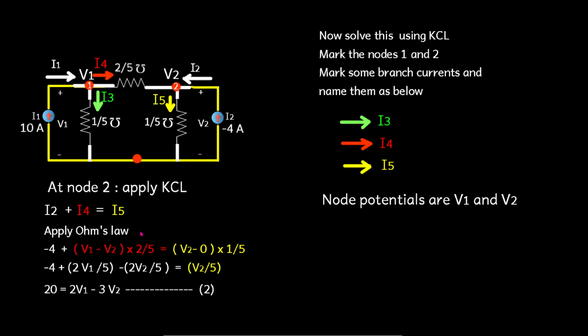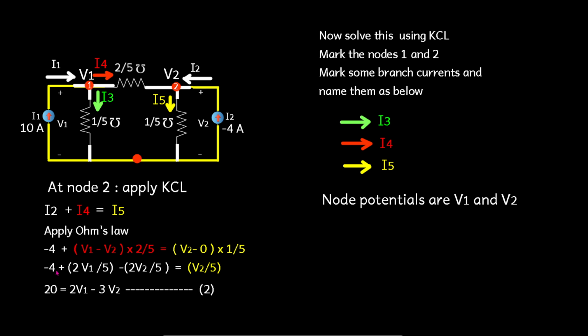To this we apply Ohm's law. The I2 current we know is minus 4, and in place of I4 you can write V1 minus V2 multiplied by the 2 by 5 admittance, equal to I5. I5 is V2 minus the 0 potential multiplied by 1 by 5, that is the admittance.